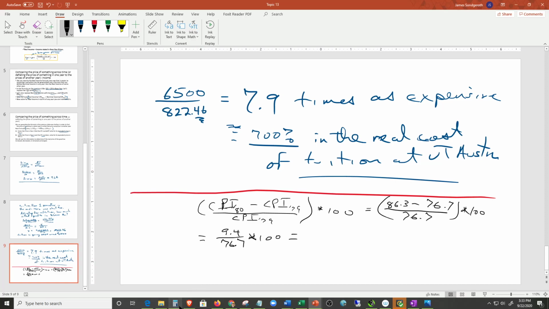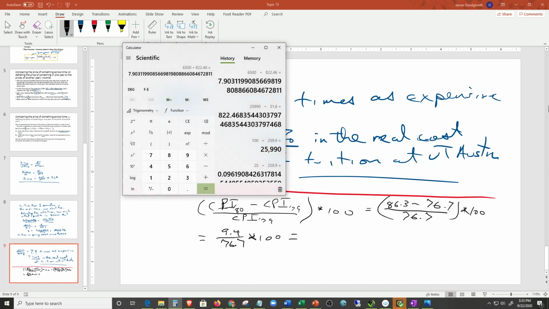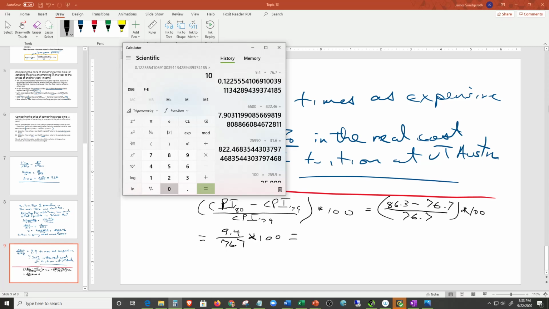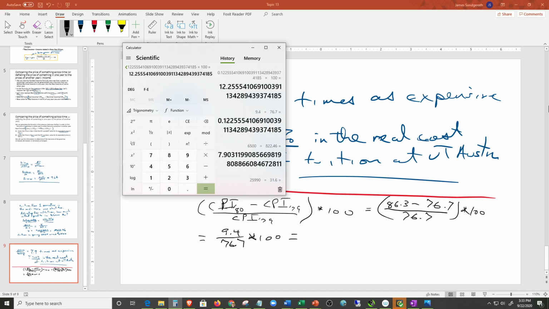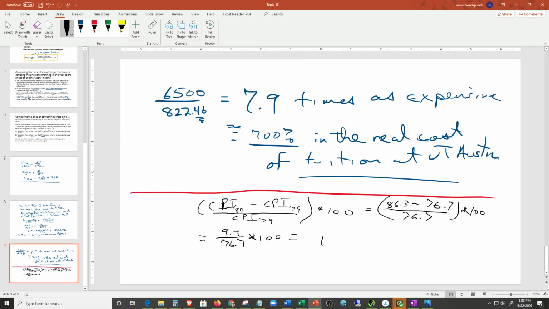Now, let's pray that we don't ever experience that again or even higher. So let's go 9.4 divided by 76.7. Find out what that number is, and then multiply by 100. And so the inflation rate was, I believe, 12.25 percent in 1 year. Wow, wow, wow.